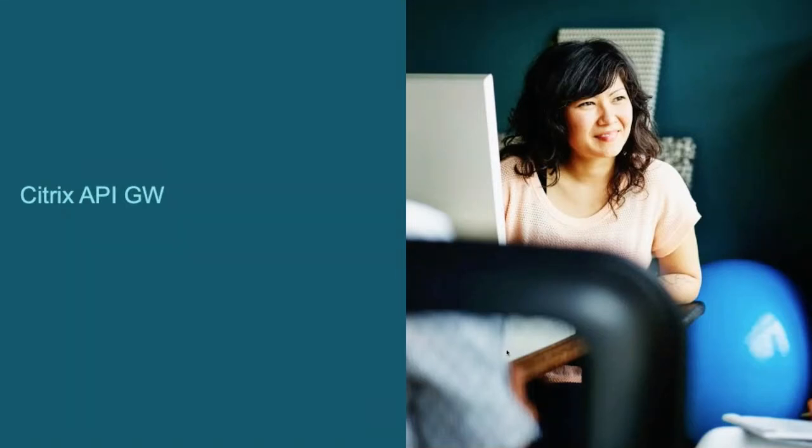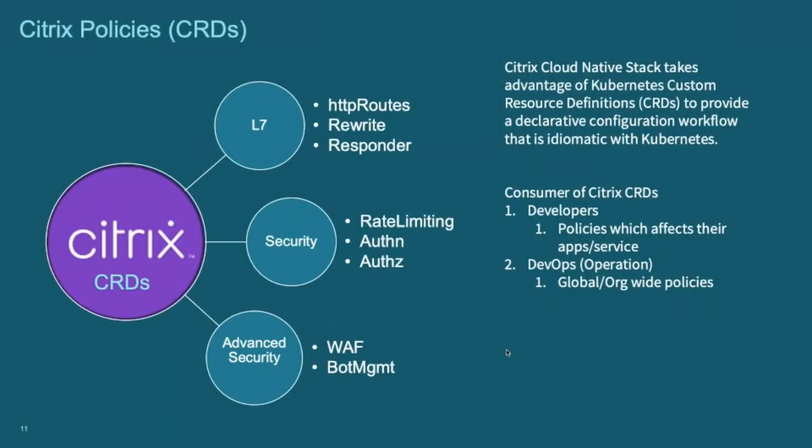Now a little bit about Citrix API Gateway, which is our configuration target. Citrix API Gateway is an ADC which is used to serve APIs and then apply policies on those APIs.